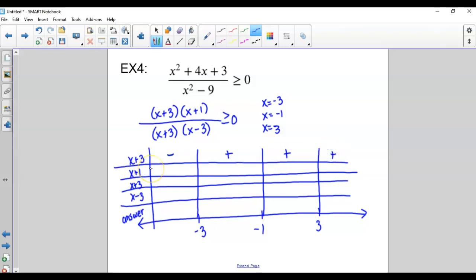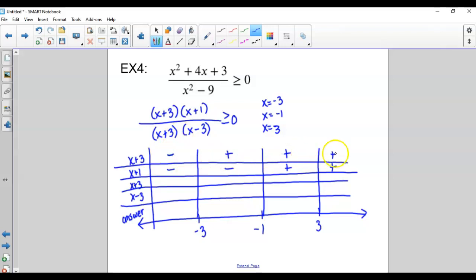Here we've got x plus 1, and we would have here -4, that would give us a negative. Here this is going to be negative, positive, positive. Notice I did that really quickly because I know it's going to switch right here at -1. Anything bigger than -1 is going to give you a positive. Anything smaller than -1 is going to give you a negative there.